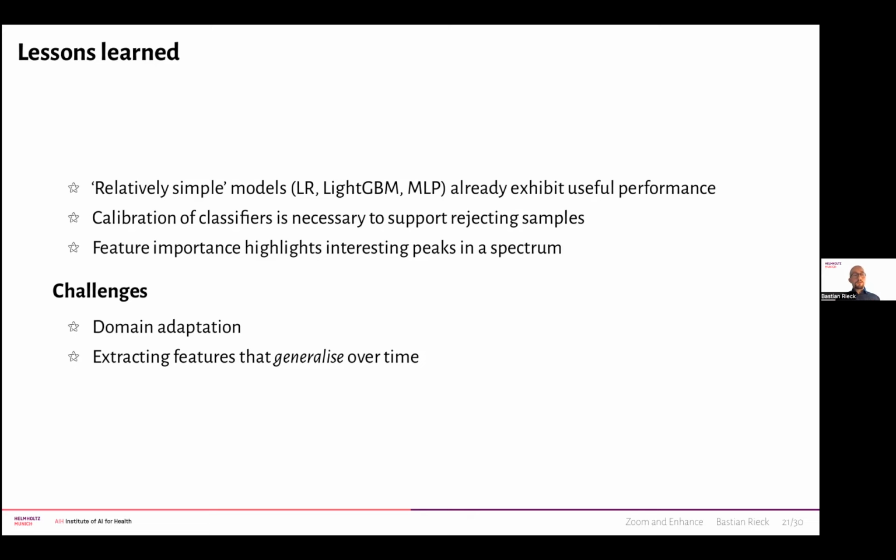Now, there's a lot of challenges left here. I only mentioned 2 of them because I felt pessimistic about being able to tackle all of them here. The first challenge is, of course, the domain adaptation. So meaning, how can we find features that generalize to other sites, to other hospitals? But also the second one is, how can we find features that generalize over time?